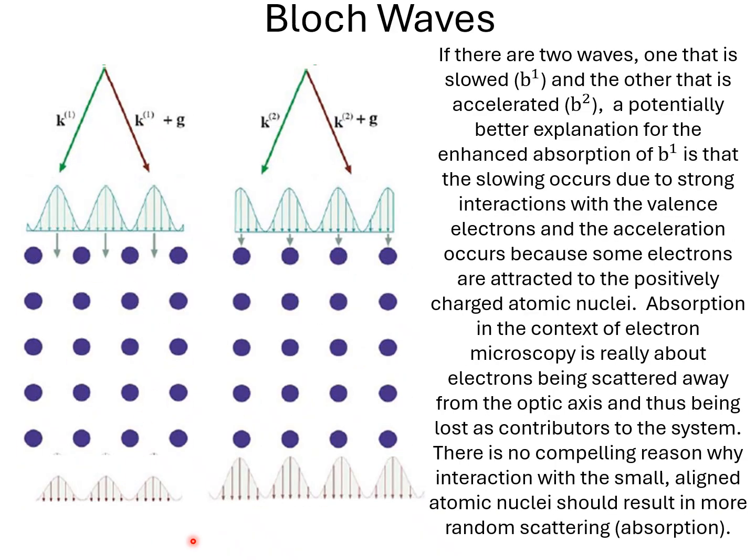So what I think is probably a better picture is that Bloch wave 2 is the one going close to the atomic nuclei and being accelerated, but not absorbed by the nuclei. The cross-section of the nuclei themselves is physically very small. So it goes whizzing past, like a gravity assist, if you like, and we end up with little absorption, but we do get the slowing effect for Bloch wave 2.